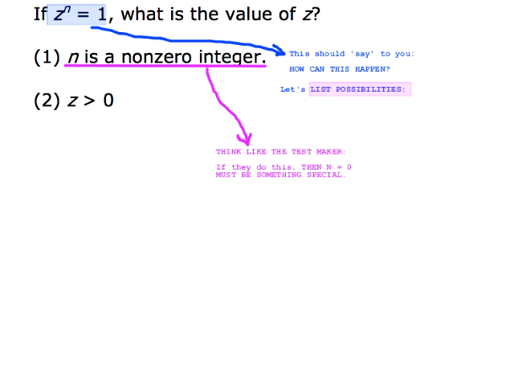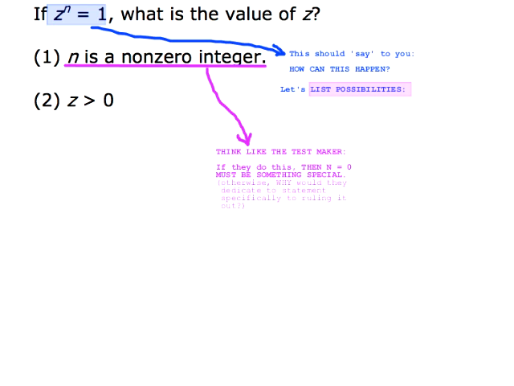Otherwise, why would they dedicate a statement to ruling it out? And again, when you start writing some problems, you'll see, because the statements that you create are going to be relevant in some way to the situation.